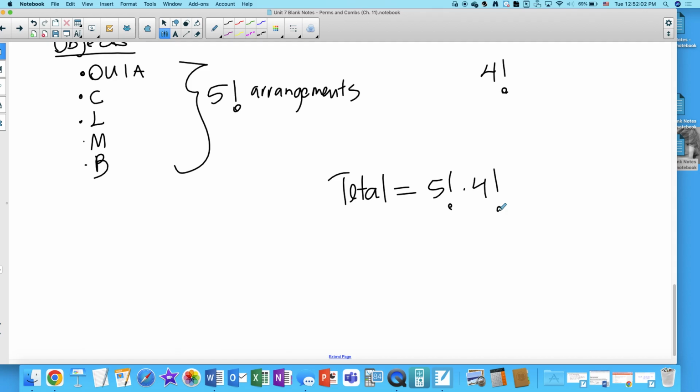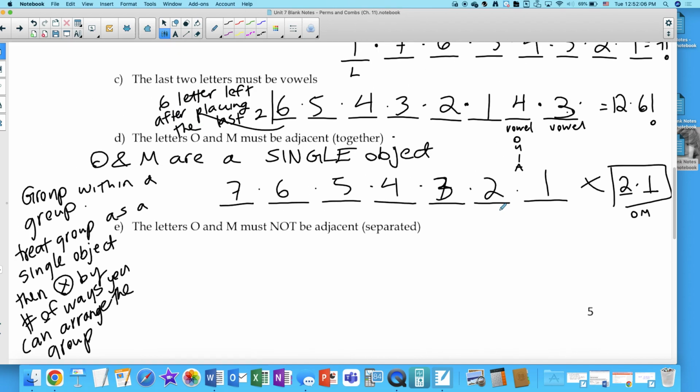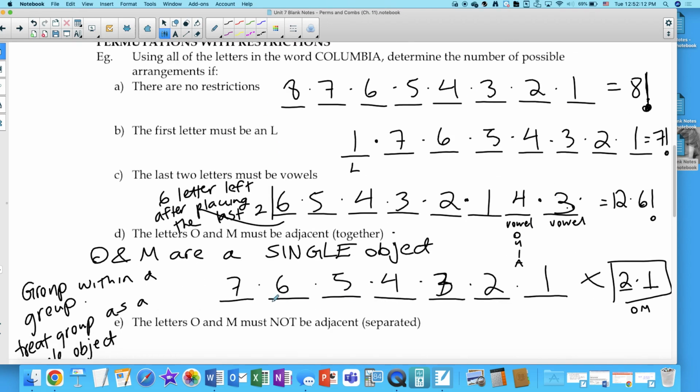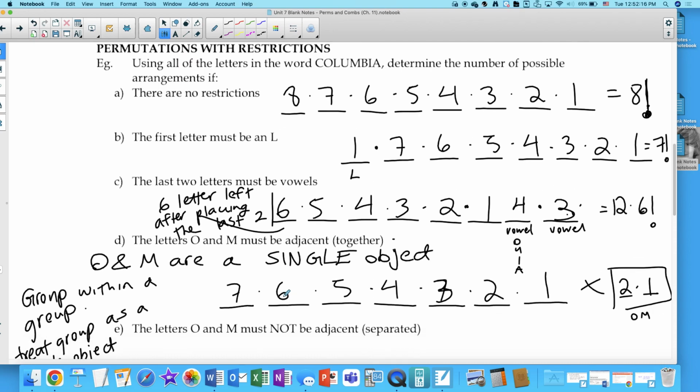Okay, so let's get back to this one over here. Actually, I want to get a value for A and a value for D. So let's see, what is 8 factorial and what is 7 factorial times 2?